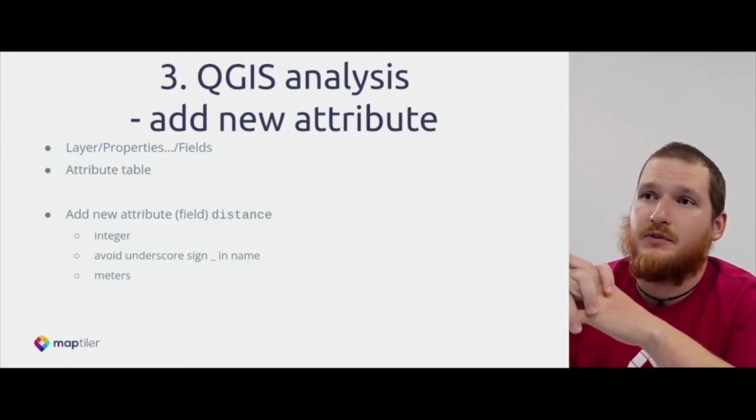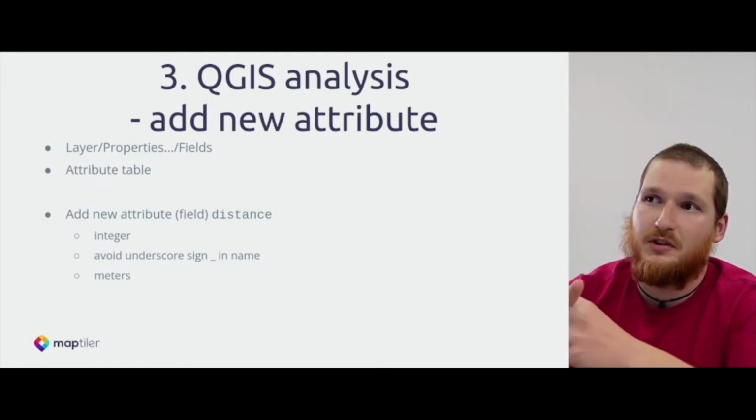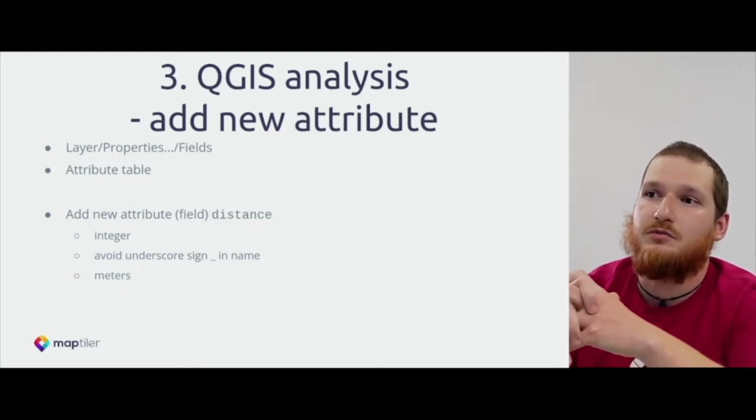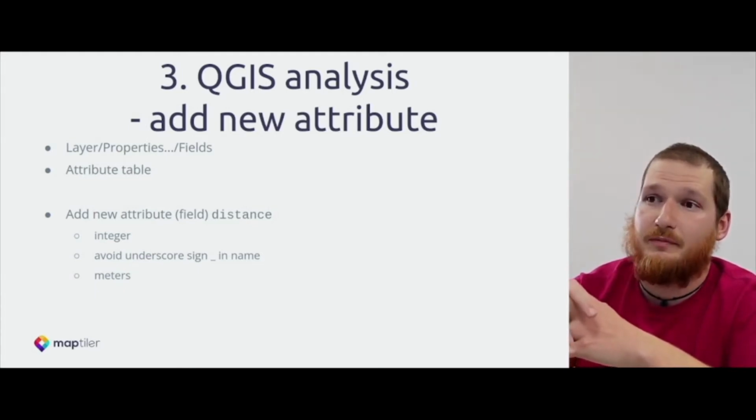There are several ways to do it. You can right-click on the reprojected layer, go to properties and to the fields section, or you can go via the attribute table. I prefer the attribute table, so I will show you this way, and we will add a new attribute or field, which is called distance.